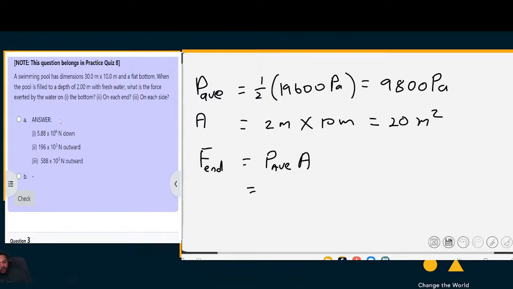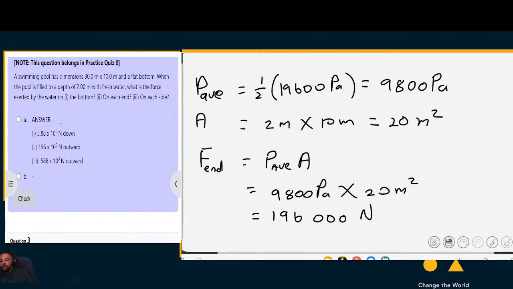So it's 9,800 pascals multiplied by 20 square meters. You get a force of 196,000 newtons. That's the force on the end wall, the average force in this case.